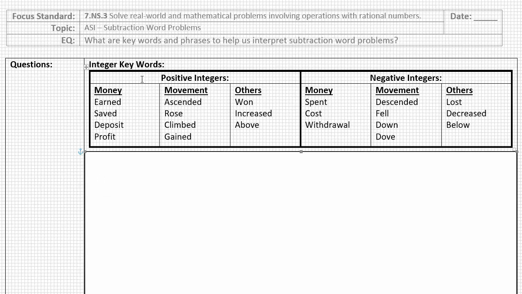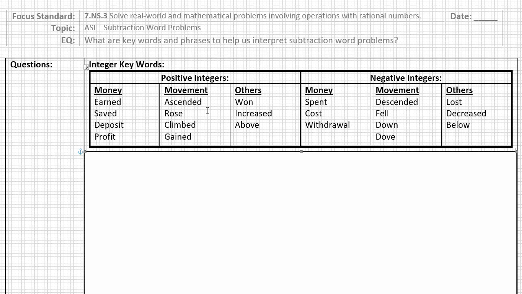Alright, so you can see I've divided it into two main sections, words for positive integers and words for negative integers. And then I also subdivided it into words that we use for money, movement, or just some others. So all of these under money we're probably pretty familiar with: earned, saved, deposit, profit.